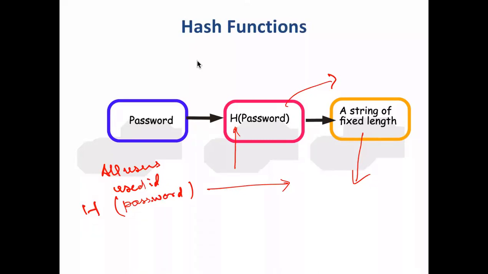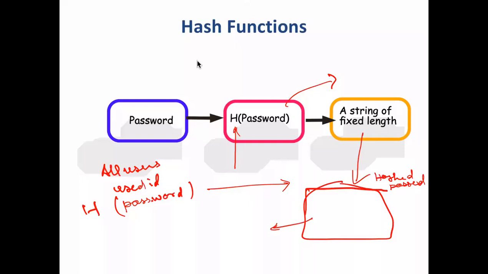Why is this hashing used? Because if this file of all hashed passwords is leaked, then the cyber criminal has to put in a lot of effort to break it. Okay, from the hashed password to the password, this process is quite difficult.